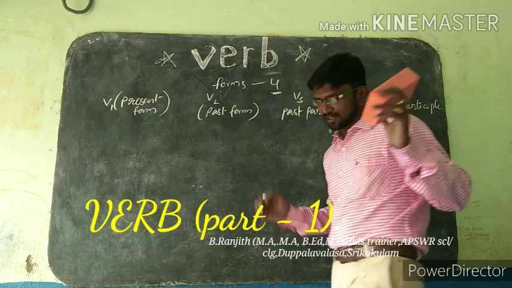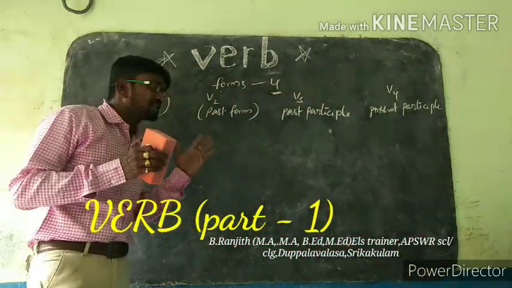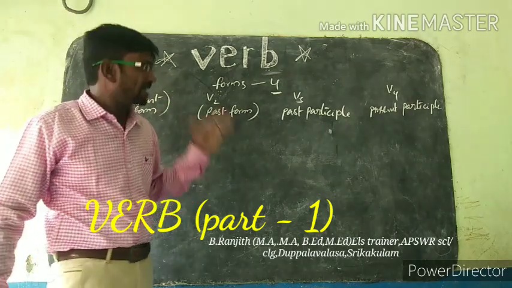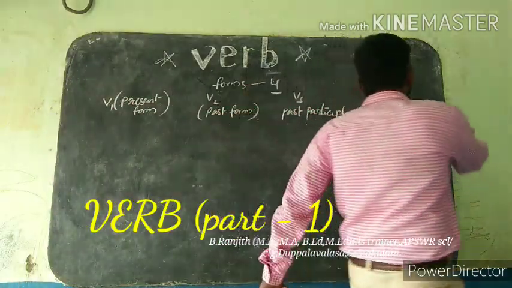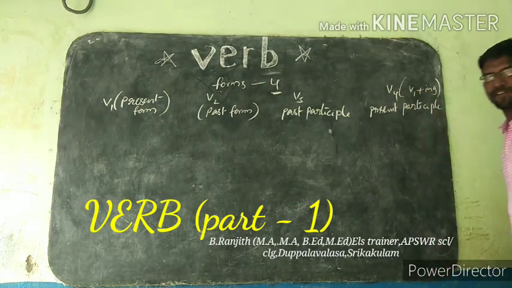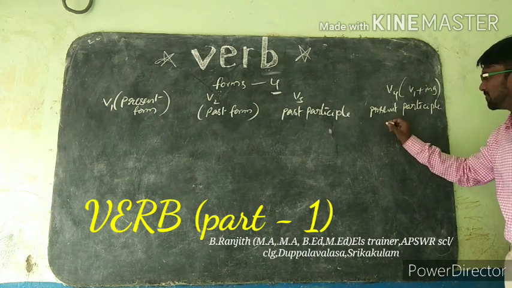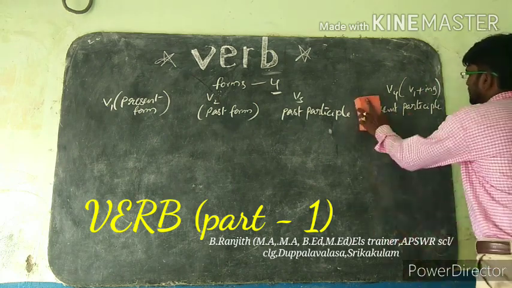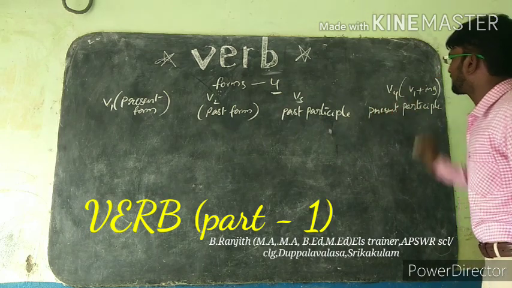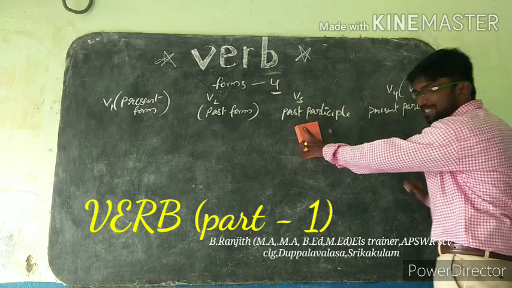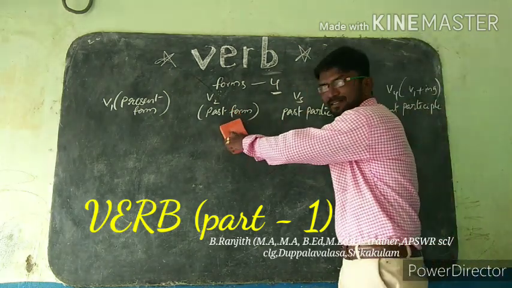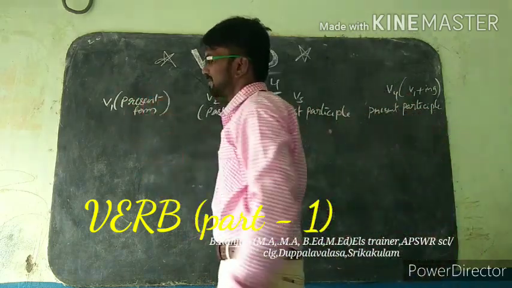Without these forms, we are not able to use these verbs in different tenses. V4 means V1 plus ing. Past participle is V3, present participle is V4, past form is V2 and present form is V1.